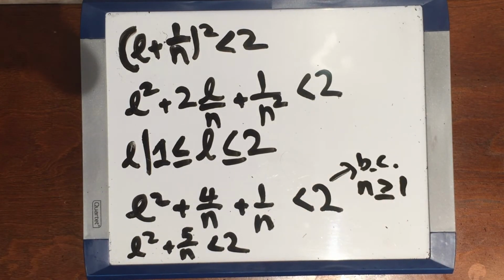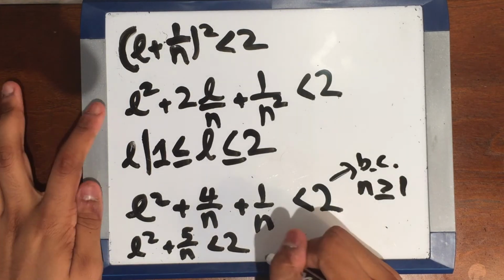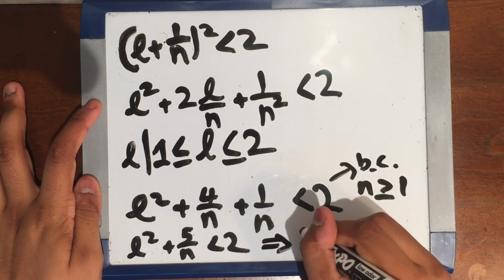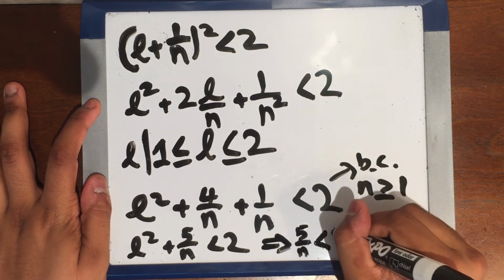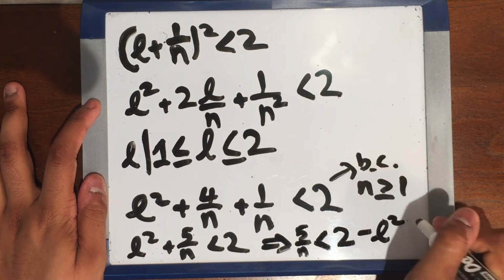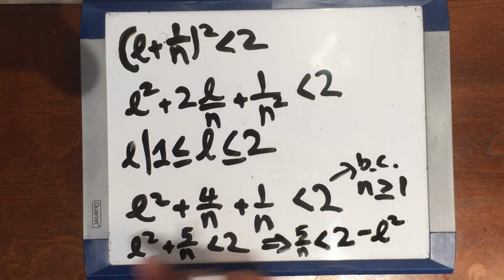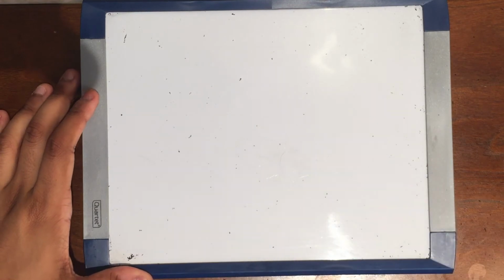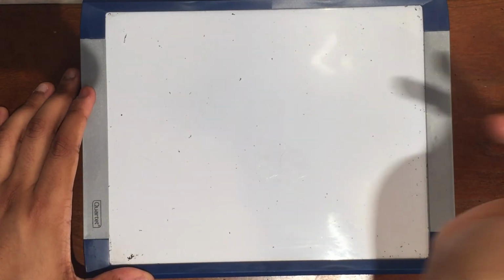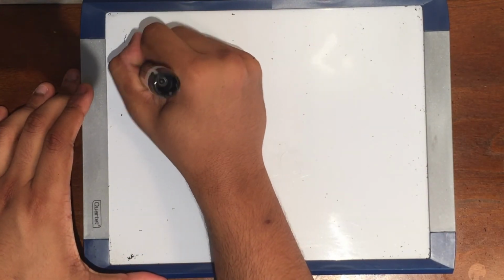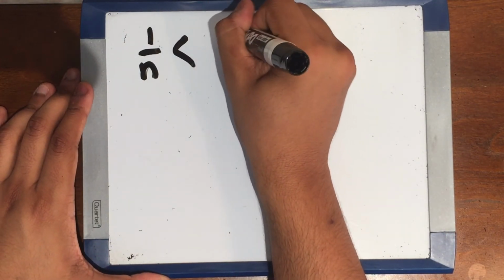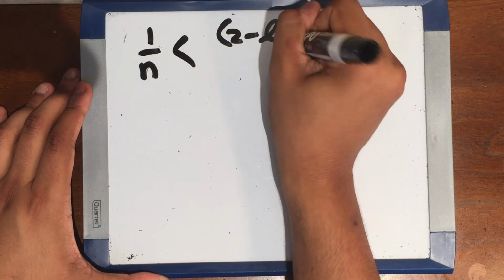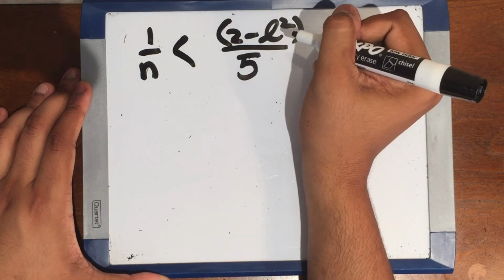So this would be the equivalent of 5 over n is less than 2 minus L squared, because I just subtract from both sides an L squared. What if I divided both sides by 5? Then I'd be left with 1 over n is less than 2 minus L squared over 5.